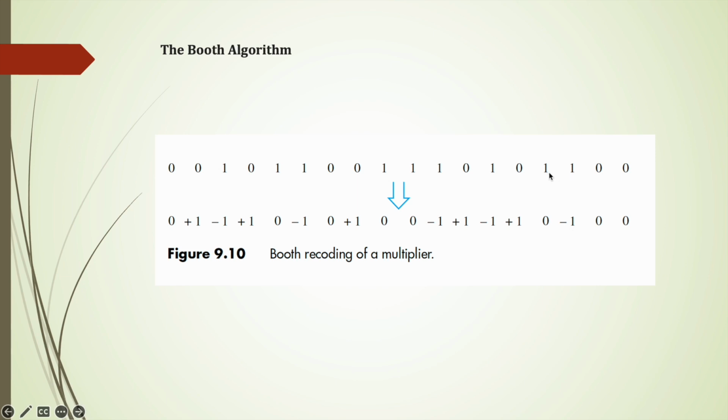From 1 to 1, 0. From 1 to 0, we use plus 1. From 0 to 1, minus 1; 1 to 0, plus 1; 0 to 1, minus 1; 1 to 1, 0; 1 to 1, 0; 1 to 0, plus 1; 0 to 0, 0; 0 to 1, minus 1. So like this we generate the Booth recoding of a multiplier.